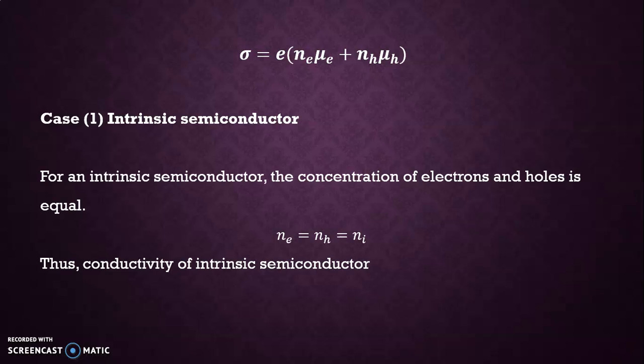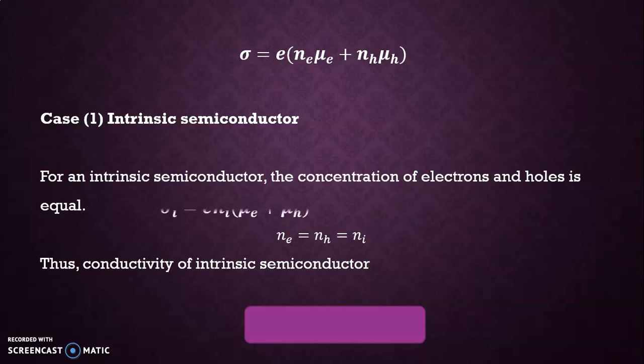So the conductivity of intrinsic semiconductor we can write as sigma suffix i is equal to e into n suffix i in bracket mu suffix e plus mu suffix h.